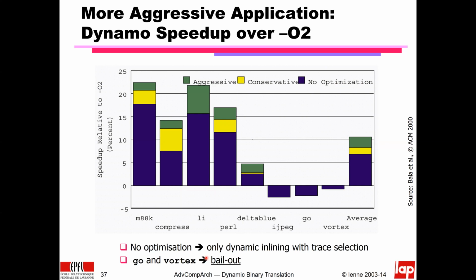You're not going twice as fast, but remember, it is the same processor. You already have code that you have compiled for this processor, but you do manage to go maybe 20% faster. And in the cases where you are slightly negative, it is because you figure out that you don't manage, and then you bail out, but you lost a little time, so you have a little speed down, right?